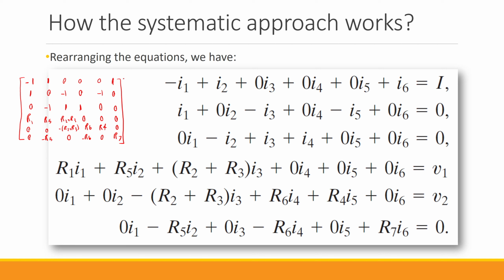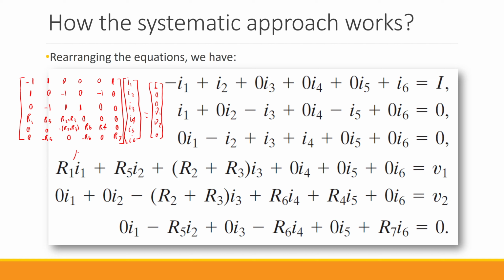So this is getting multiplied by this column vector, I1, I2, I3, I4, I5, and I6. And this equals I, 0, 0, V1, V2, and then 0.